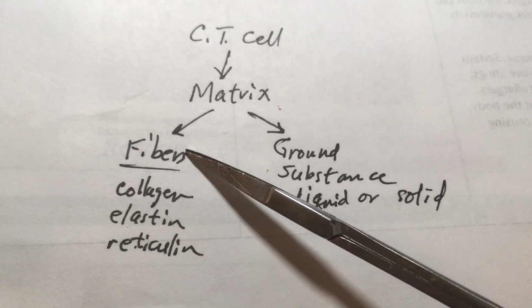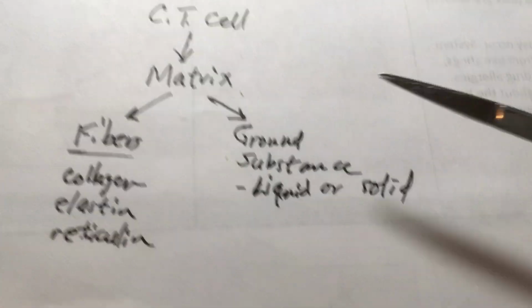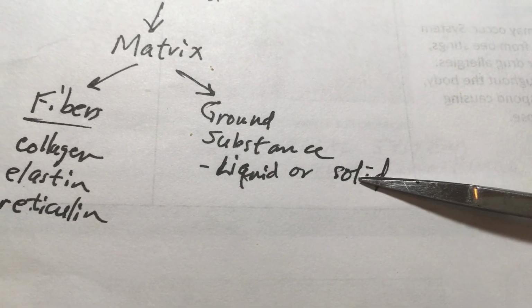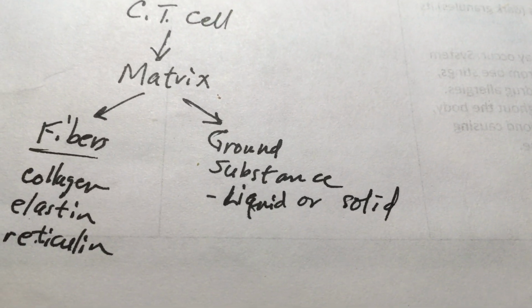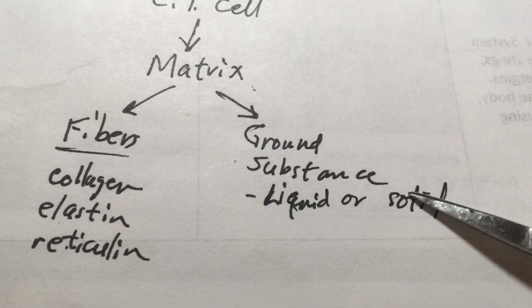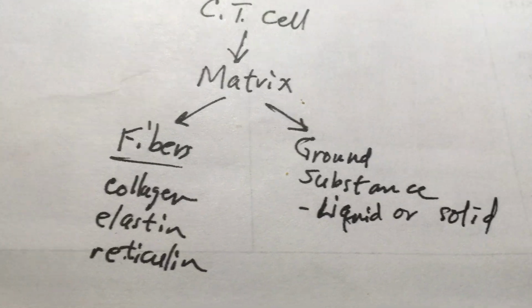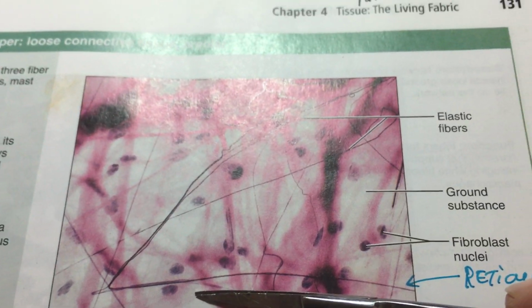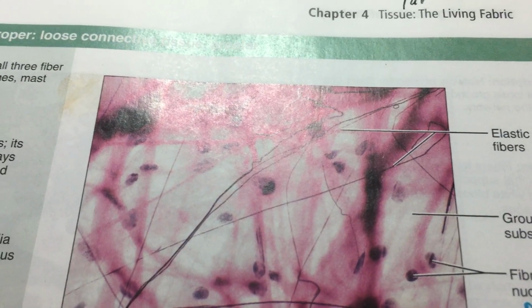The matrix will include fibers. In this case, it's going to be a liquid ground substance, so the molecules are not going to be covalently bonded. They're going to be dissolved in water. Okay, so the ground substance here is fluid, as we can see.